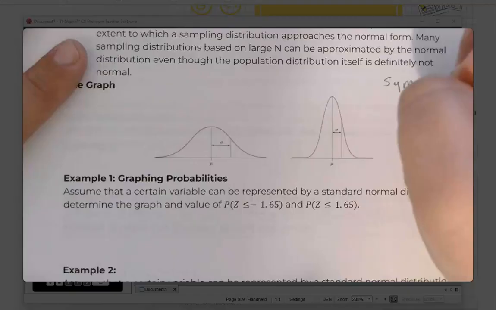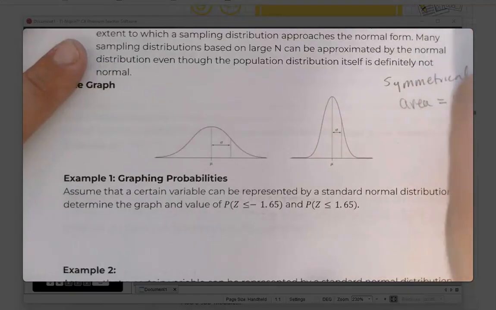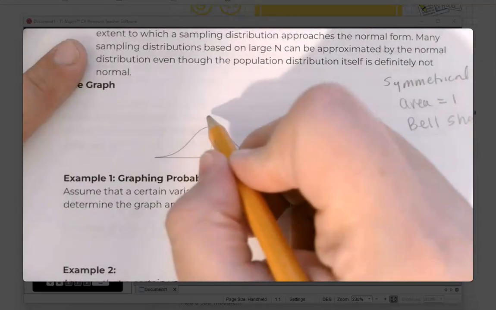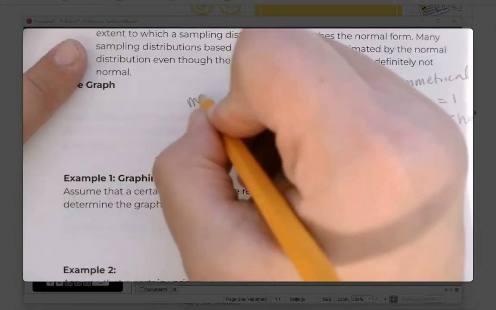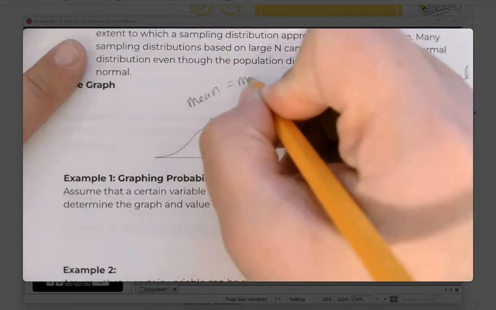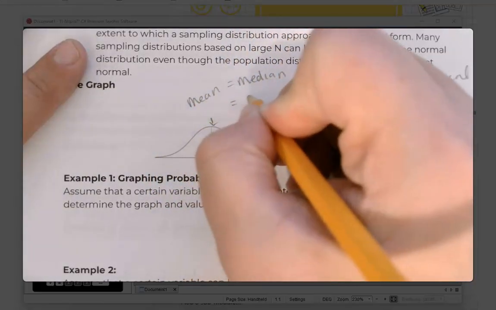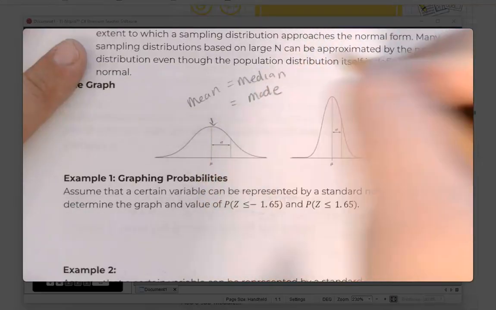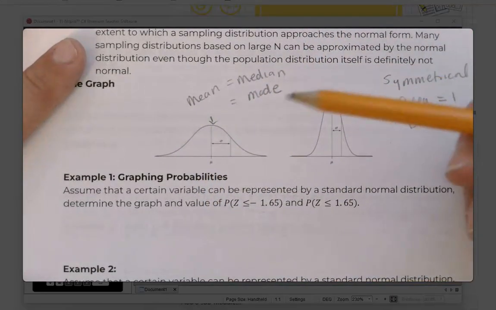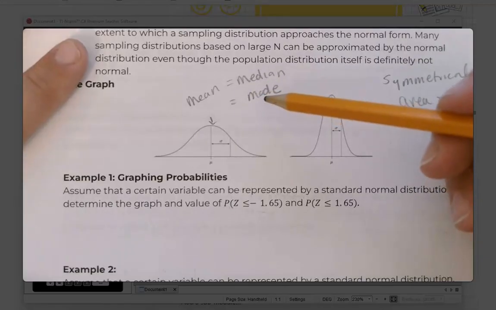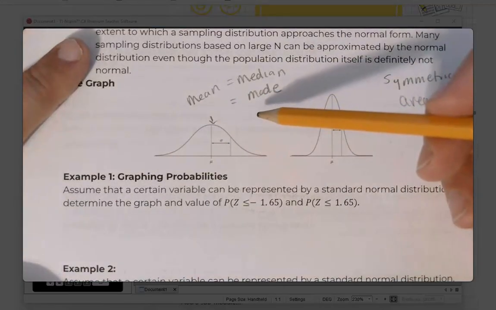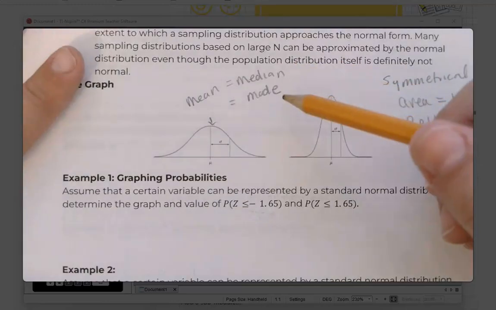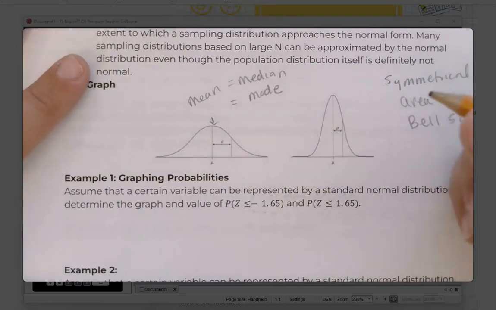The area under the curve is equal to 1, and they are usually bell-shaped. Now what's also cool here is that the mean is the median is the mode. So it doesn't matter what measure you use to find the center, because they're all the same.